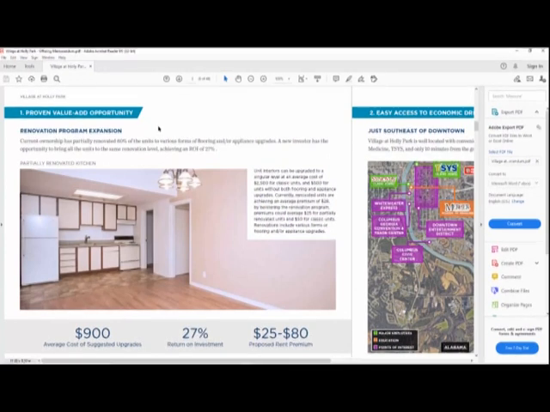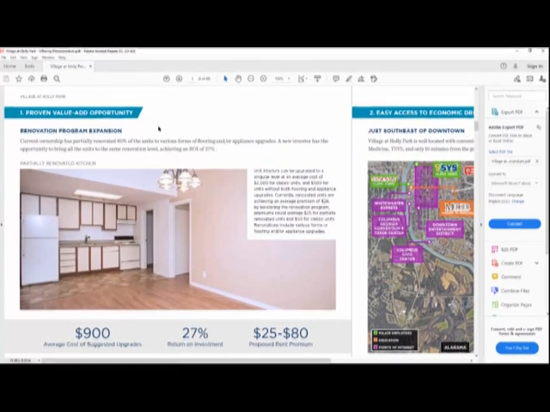They say here they're getting rent increases of XYZ, or at the bottom, it says $900 average cost of suggested upgrades. I don't know about you, but that seems a little low. What you do is read through these OMs and you get questions. People ask me, once I get this, what questions do I ask the broker?